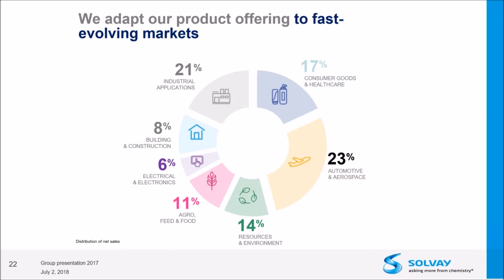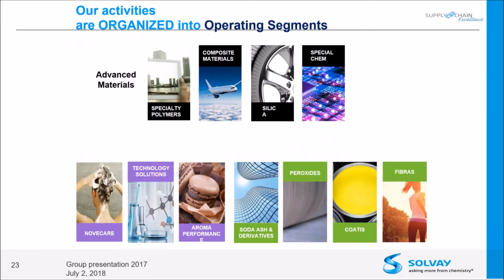Now you see that we have a kind of equilibrium around 20% for 3 segments, which are automotive and aerospace, consumer goods, and industrial application. So you see that in terms of markets, we are covering a large spectrum.